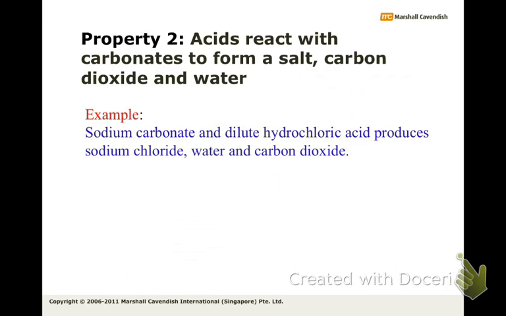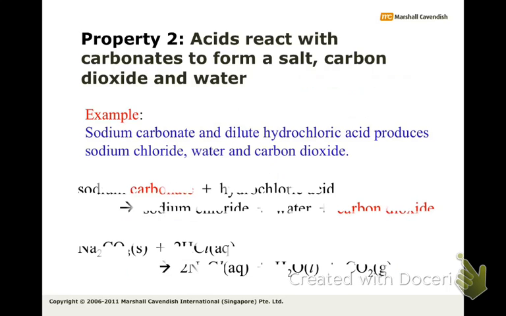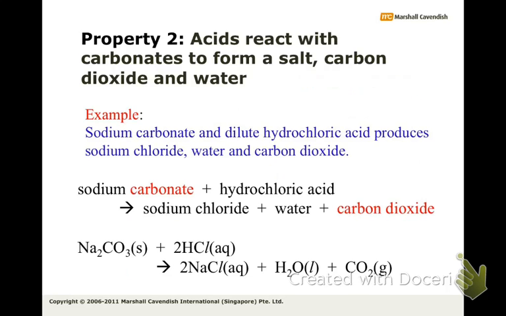Property number 2, acids will react with metal carbonates to form 3 products: salt, water and carbon dioxide. Let's say for example sodium carbonate and dilute hydrochloric acid. Of course, when you have dilute hydrochloric acid, the salt formed will be sodium chloride, water and carbon dioxide. So this is how the chemical equation is formed.